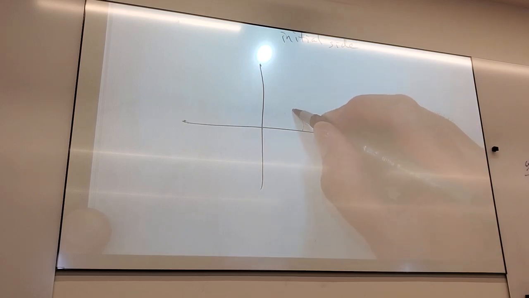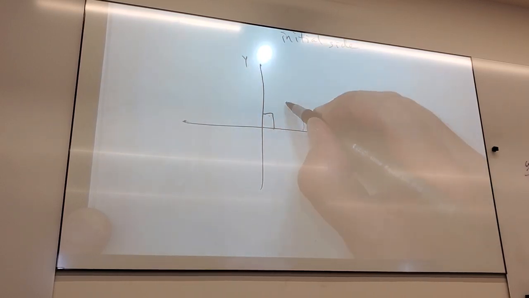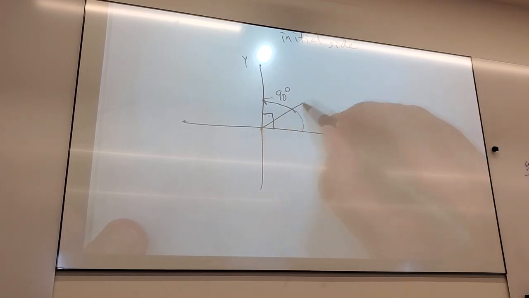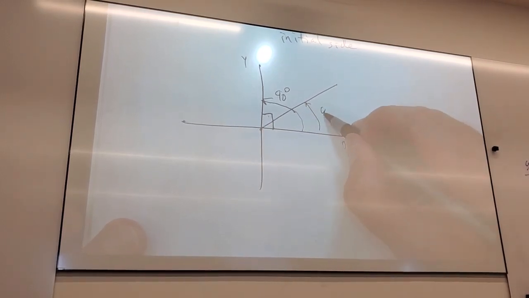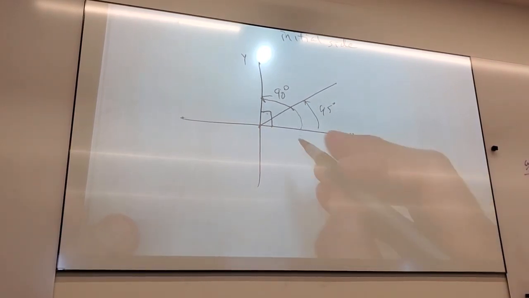The y-axis. Good. So this would be 90 degrees. Where's 45 degrees? Right in between them. So this would be roughly 45 degrees. Okay. So of course, how many degrees if I go all the way around?